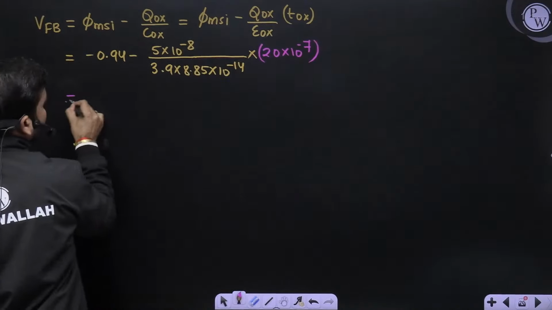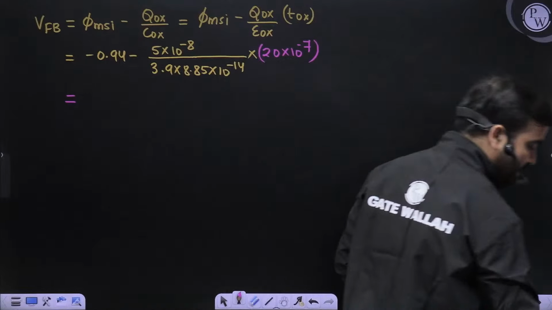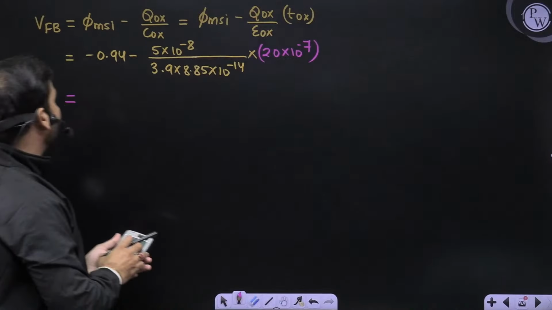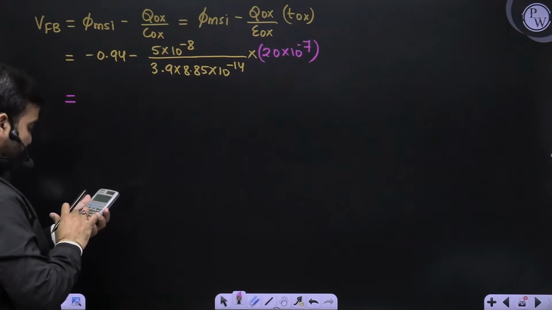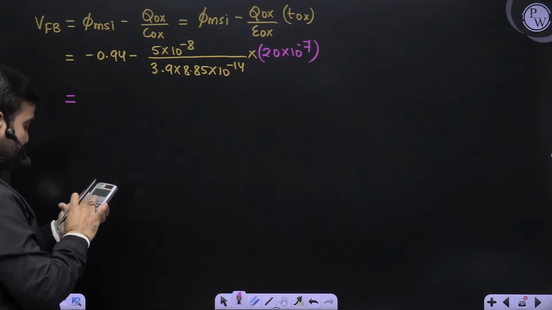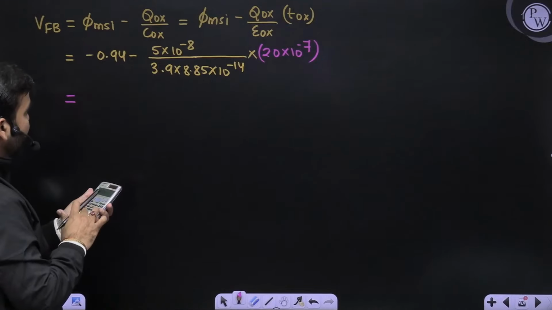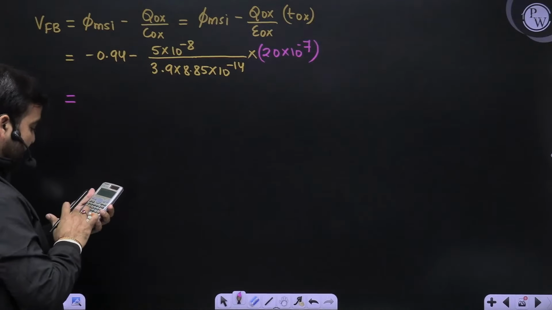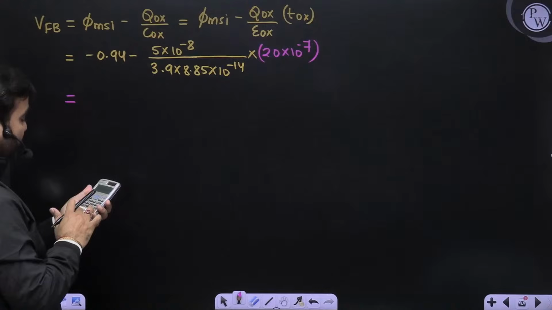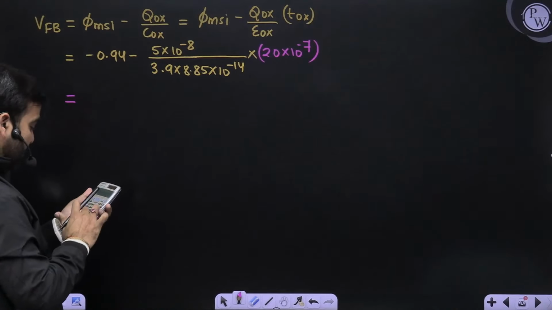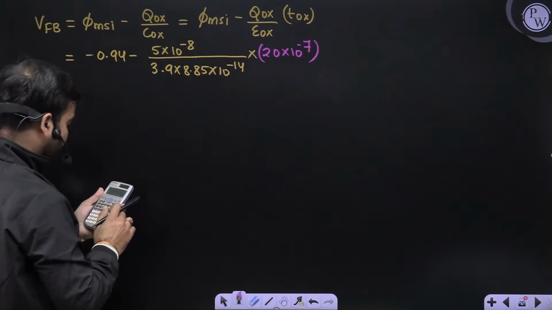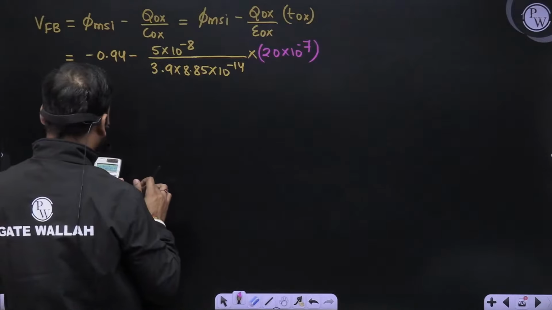Now if we solve it using the calculator, how much will this term value be? It is 5 into 10 to the power minus 8 divided by 3.9 into 8.85 into 10 to the power of minus 14 into 20 into 10 to the power of minus 7. It is 0.2897.